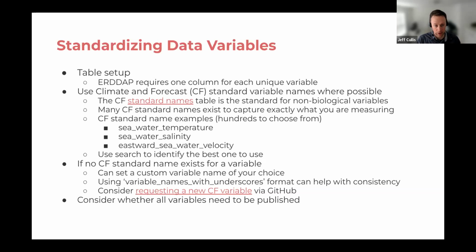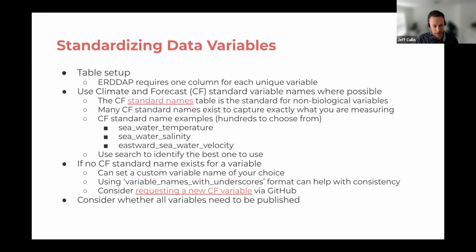There are many out there, actually hundreds to choose from. I've thrown a few in here as examples: seawater temperature, salinity, eastward velocity. These are very specific examples, so you can search. There's a search function within the standard names table to find the exact one that you're looking for.